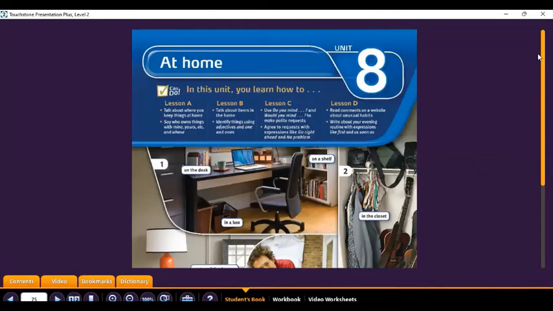The first one is, in this unit, we're going to talk about where you keep things at home, okay? And also we are going to use the possessive pronouns, okay? Like mine, yours, and whose. We're going to learn how to use them properly when we are talking.